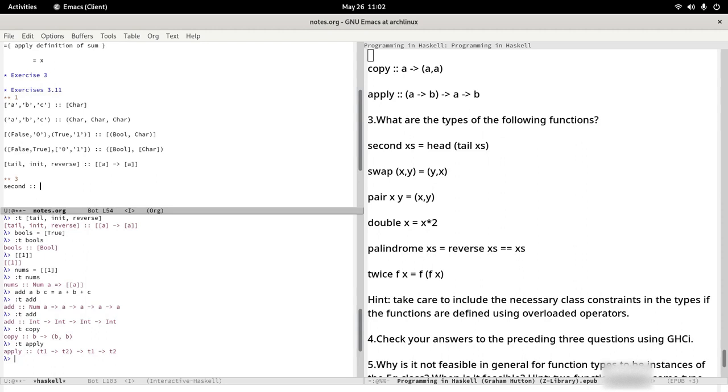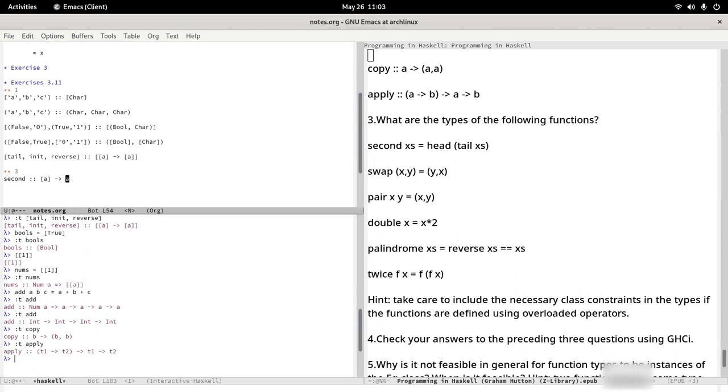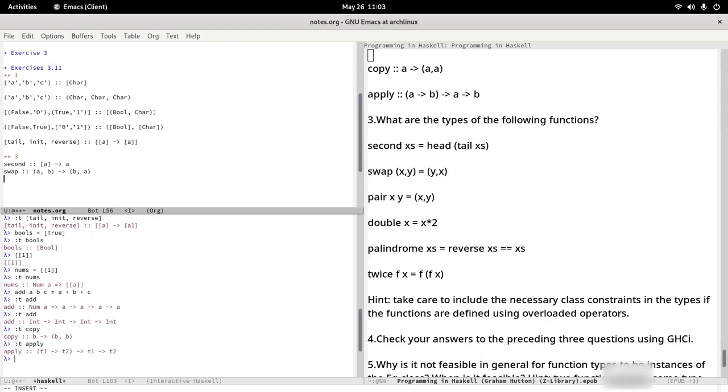Second is from a list to A. Swap is from A, B to B, A. Pair is from A, B to A, B. Oh wait. Like that.